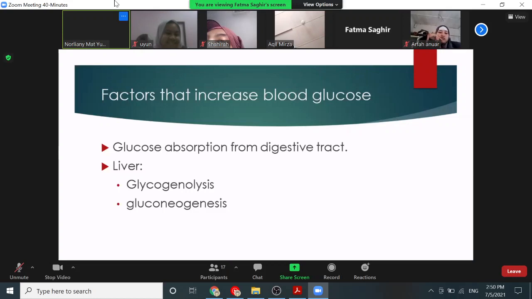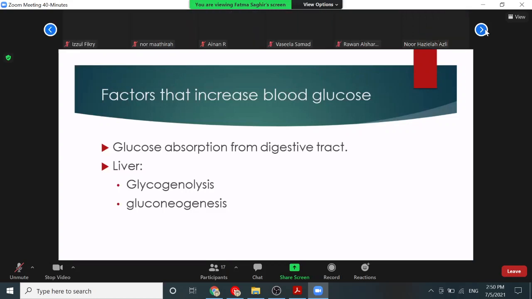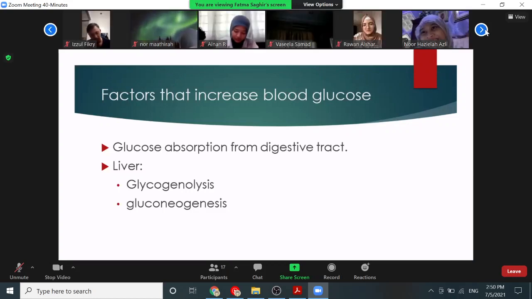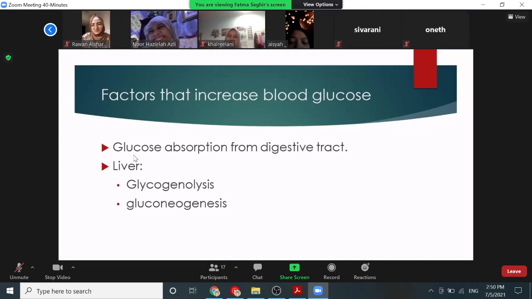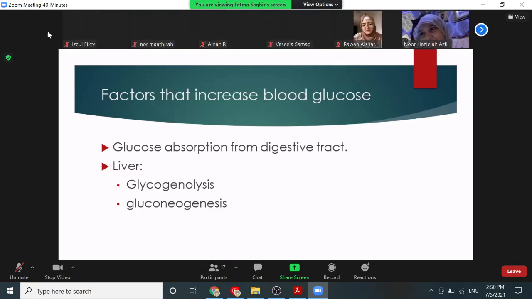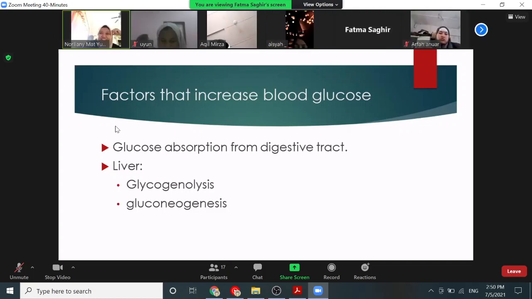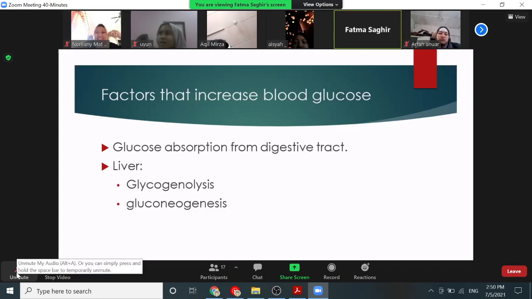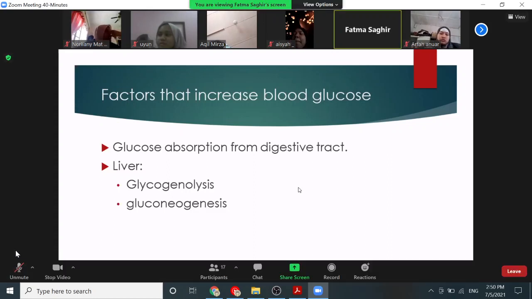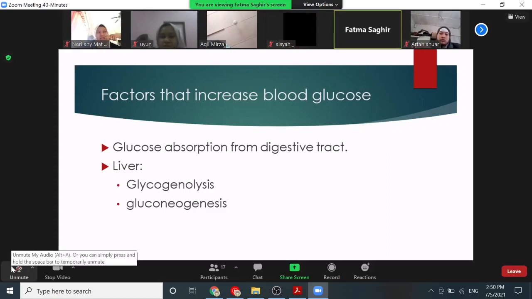Aisha? Gluconeogenesis. Okay, something else? Doctor, how about dehydration? No. Glycolysis. We need something normal, very normal, to increase blood glucose. So if you find somebody with high blood glucose, you have to ask a question. Or to avoid it, you have to do something.